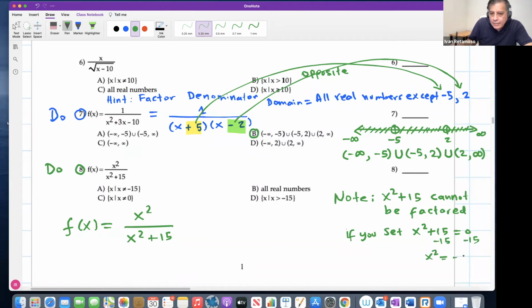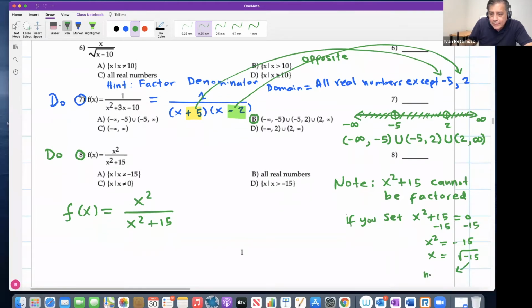Look, x equals this, not a real number. So no solution for this. In that case, guys, when you cannot factor, when setting this equal to 0 means nonsense, it means that this will never be 0, right? So therefore, we will always be safe. So you have to choose this, all real numbers. That's the domain, okay? Very good.